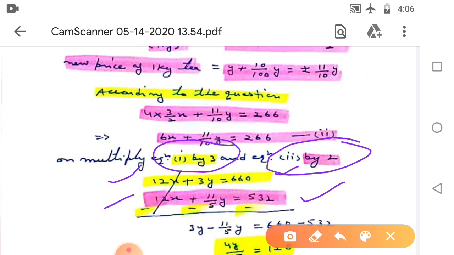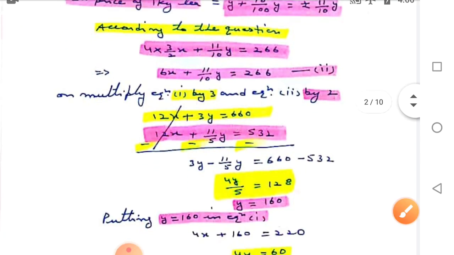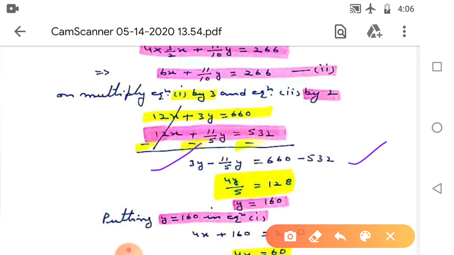Clear? So 12x is cancelled. We are subtracting here, so changing the sign. So 3y minus 11 upon 5 into y is equal to 660 minus 532. Take the LCM as 5. We get 4y upon 5 is equal to 128.